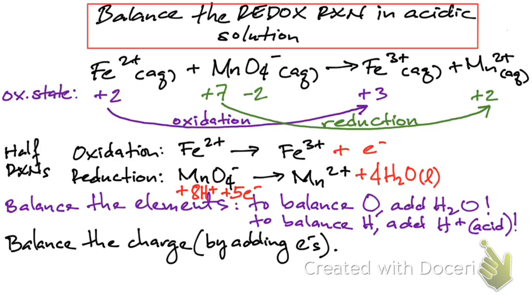So now the next thing we want to do after balancing the charges is to make the number of electrons equal. So we're going to multiply the oxidation reaction by 5 because again we have 5 electrons here. So to make them equal, we'll multiply this entire reaction by 5.